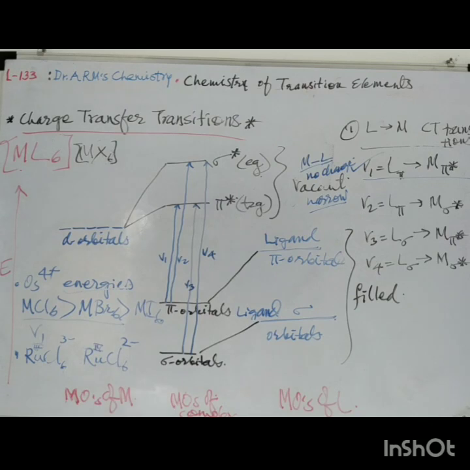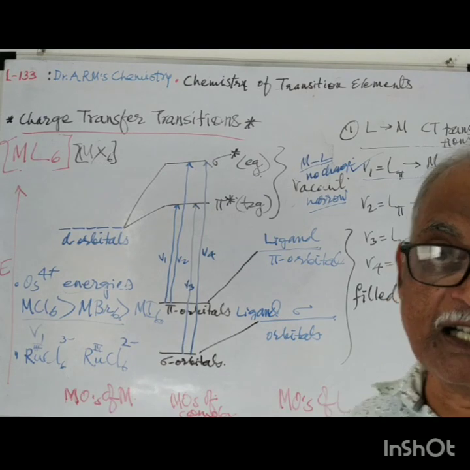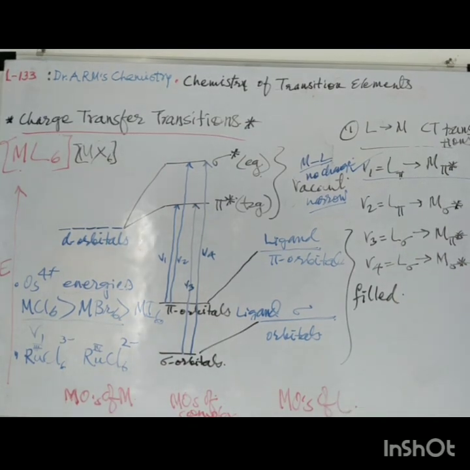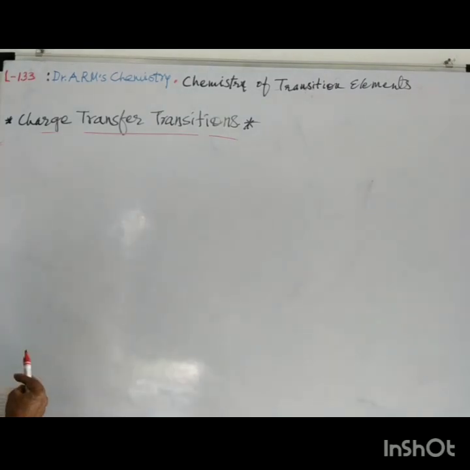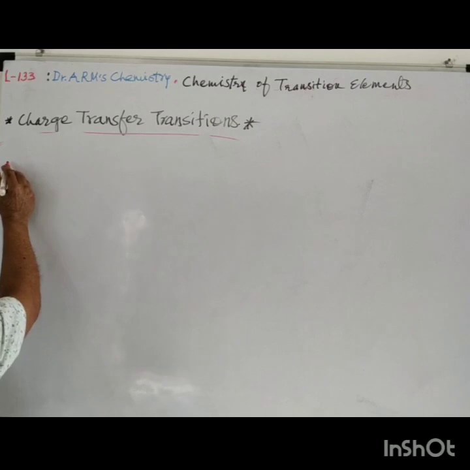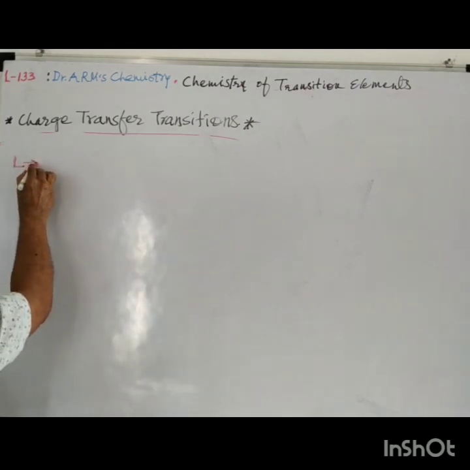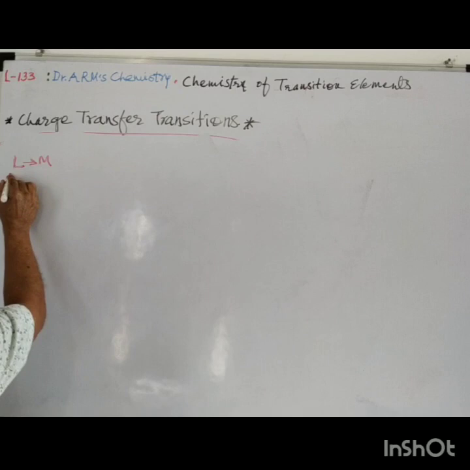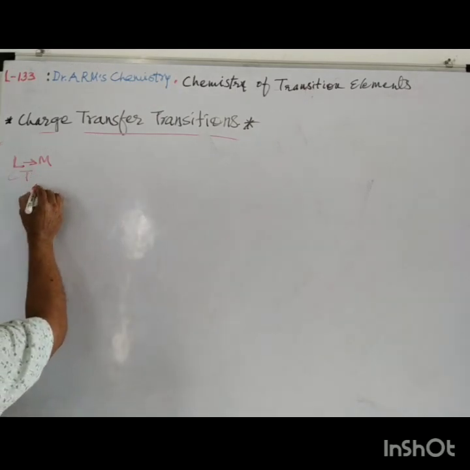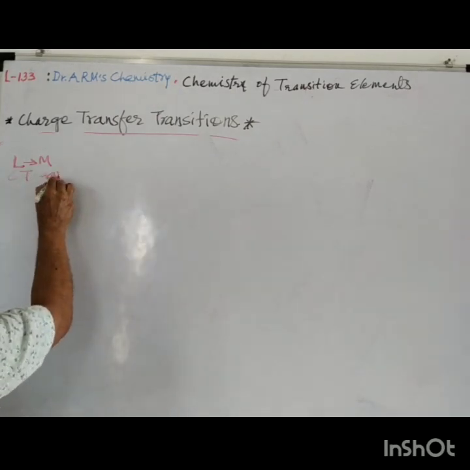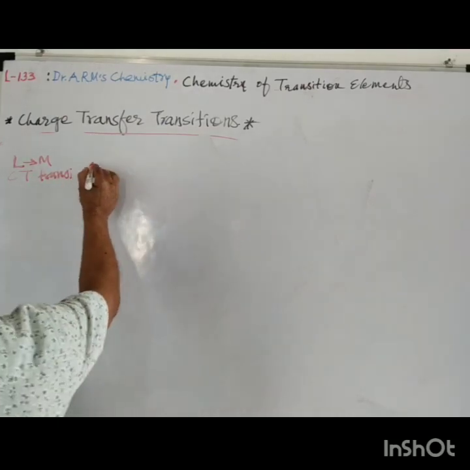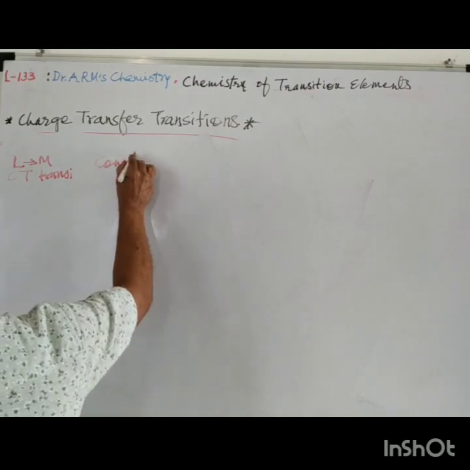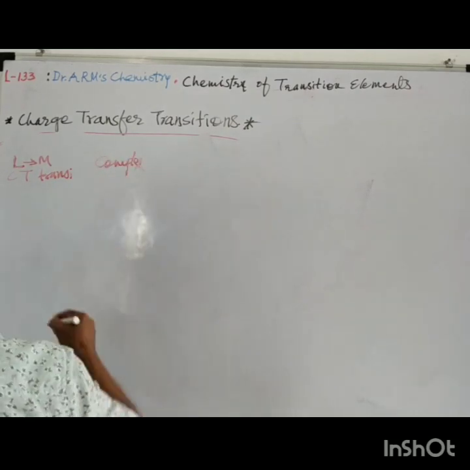Now if we show the table, it will help us to understand what is the order of their V1, V2, V3 or V4 type of transitions. We will show here the ligand to metal charge transfer transitions. Then we will see here the complex example, complex.